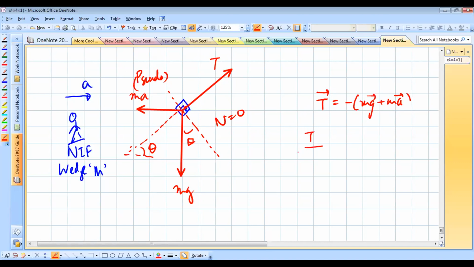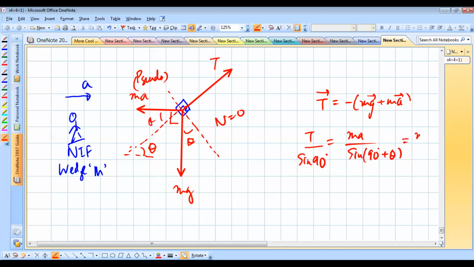T upon sine 90, because this angle here is 90, should be equal to pseudo force upon sine of 90 plus theta. This whole angle here is 90 plus theta, and this angle is theta. This one is 180 minus theta.